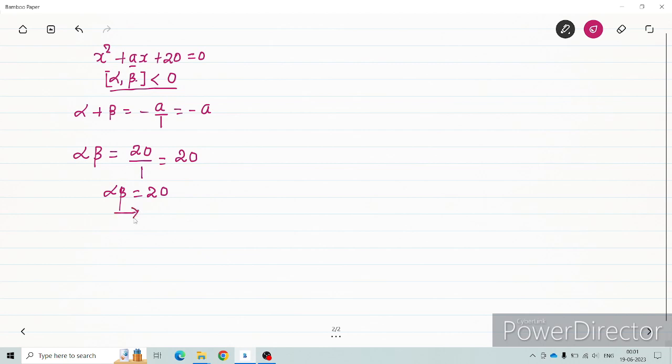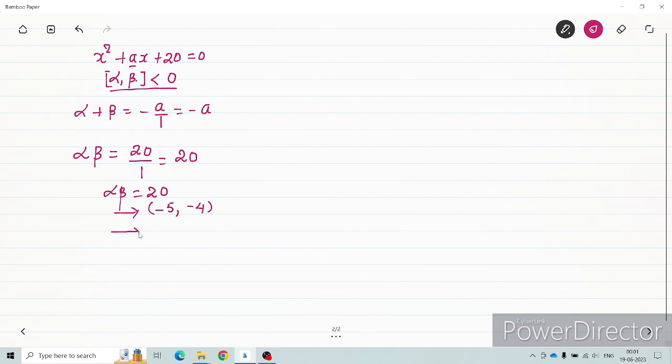One combination can be -4 and -5. If you take the product of -4 and -5, you will get 20.